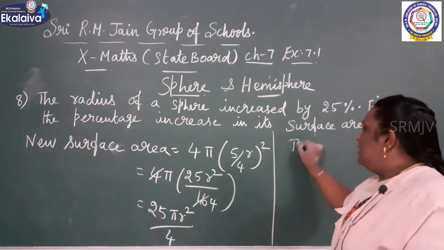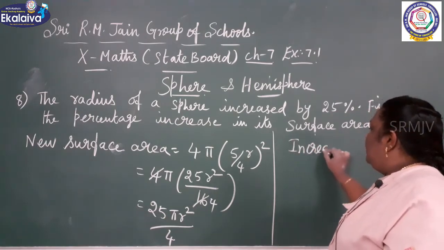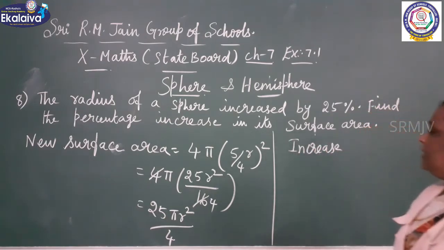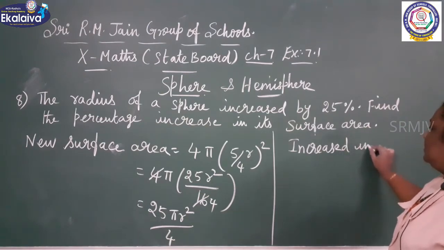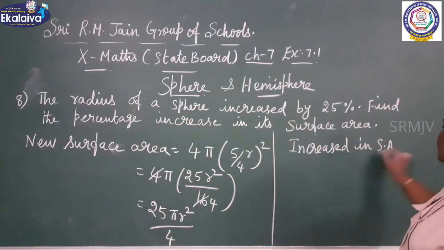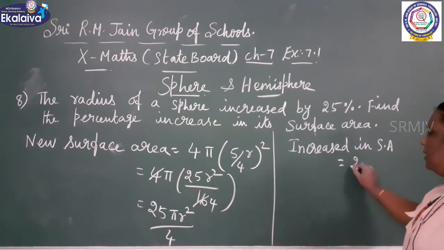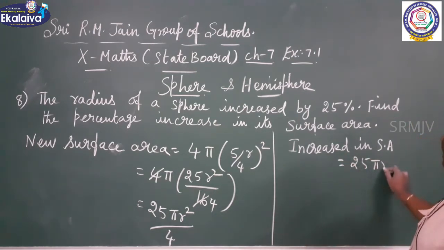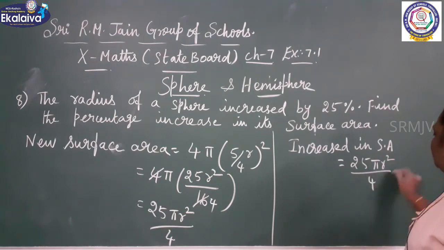Increase in surface area is equal to the new area, 25 pi r square by 4, minus the original. What is the original one?